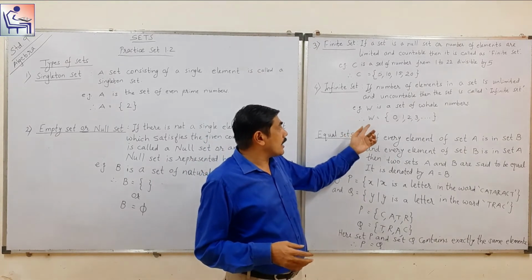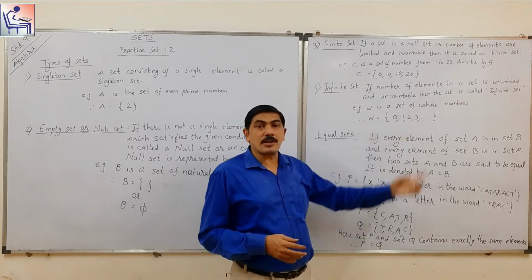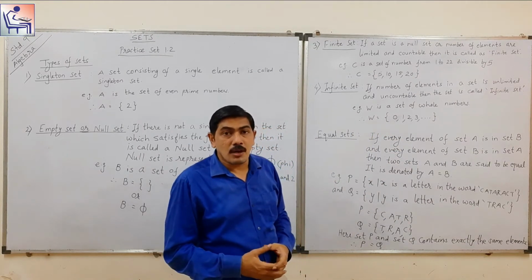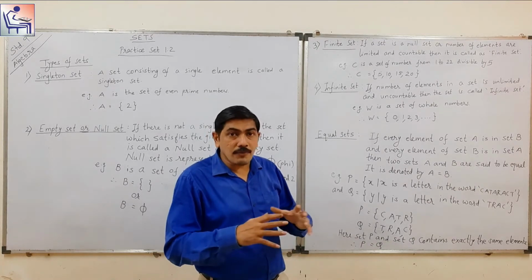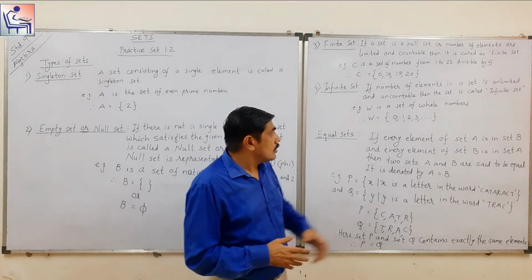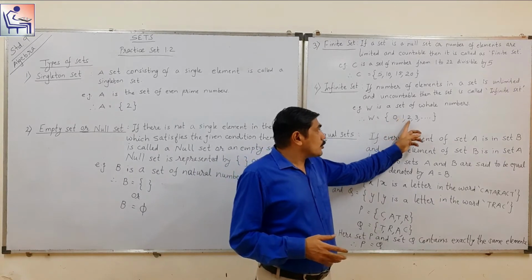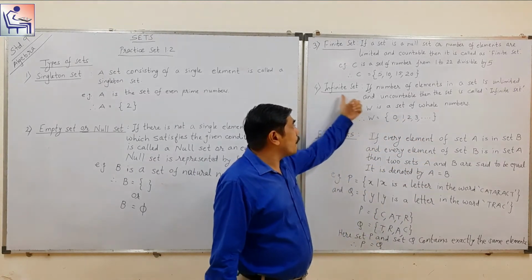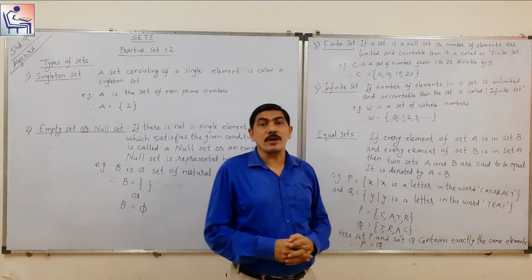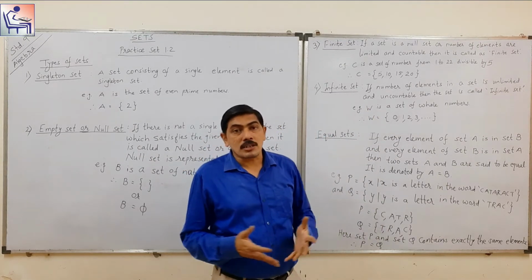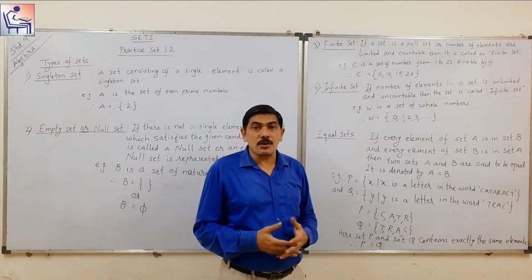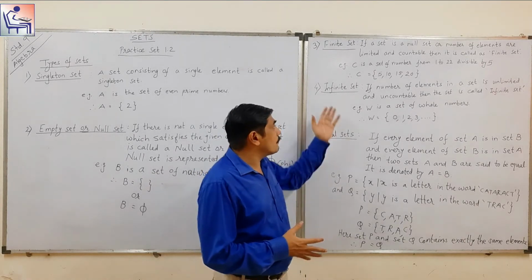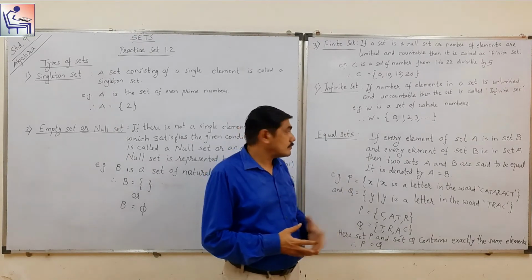So here we write it as W is equal to, and we will write all the elements 0, 1, 2, 3, but up to where? It never ends. So here 0, 1, 2, 3 and so on. So here we call it an infinite set, as the counting of elements is not limited, it is unlimited or it never ends.